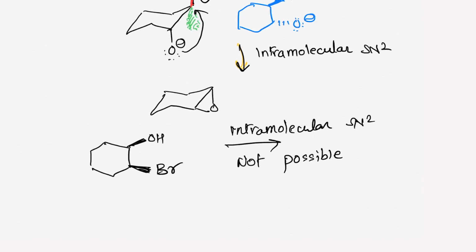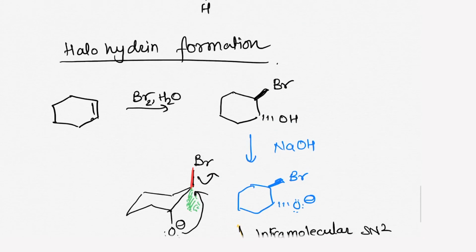And that is because it cannot achieve that conformation wherein the oxygen can put electrons in the antibonding molecular orbital of the carbon bromine bond. In none of the chair conformations can you actually see that. And so, it is important that we start with a trans halohydrin.